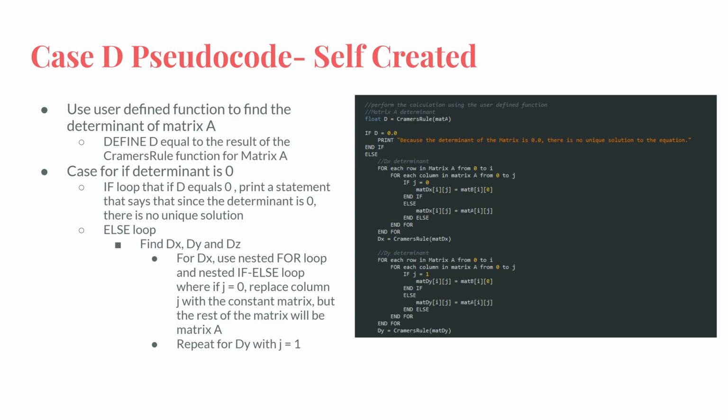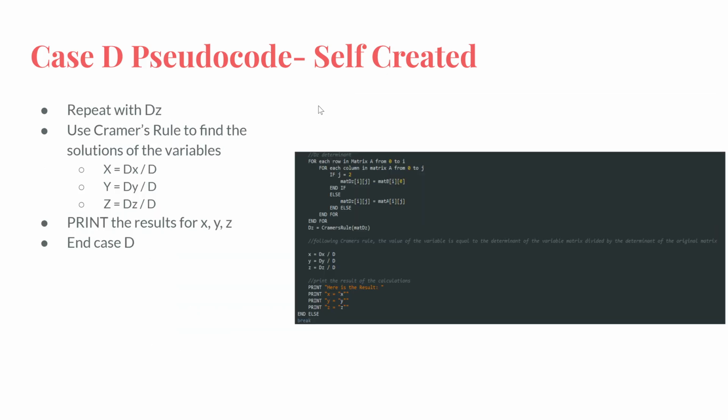And for every other column, it will just be the matrix A values. I then had the determinant x, which I'm calling dx, found using my Cramer's rule function based on the matrix dx. And then I repeated that for dy and dz, but using j equals 1 for dy and j equals 2 for dz.